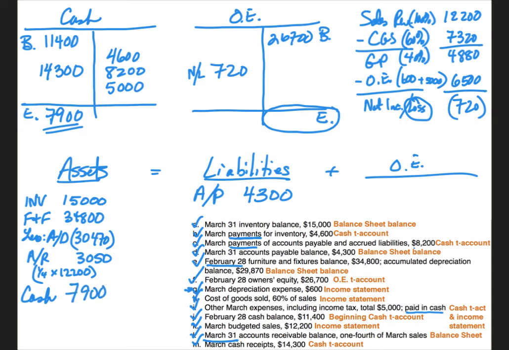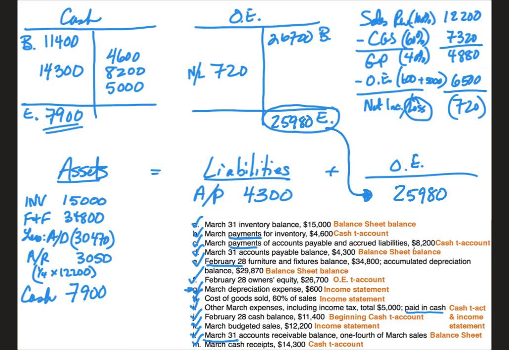And owner's equity, we have a beginning balance of $26,700. Since it's a net loss, we'll subtract $720, and that will give us an ending balance in equity of $25,980, which will go into our owner's equity section of our balance sheet.